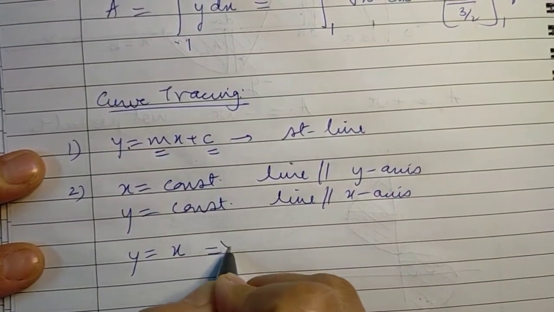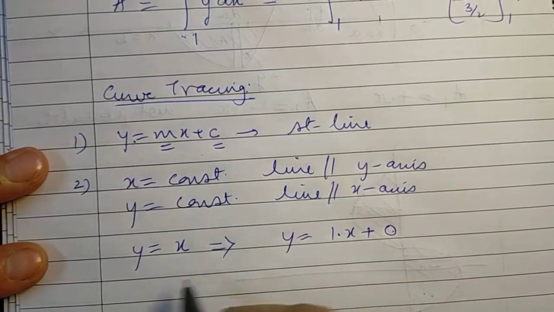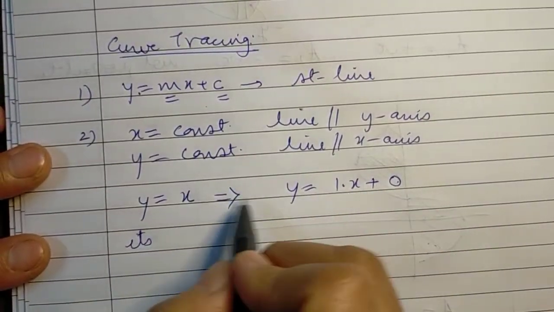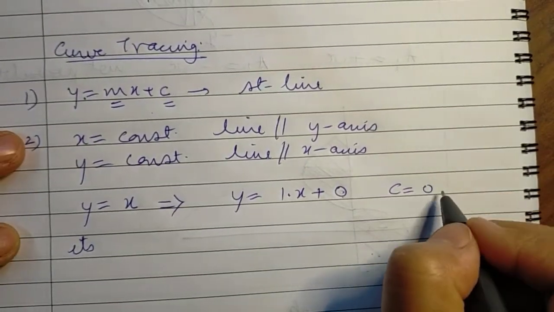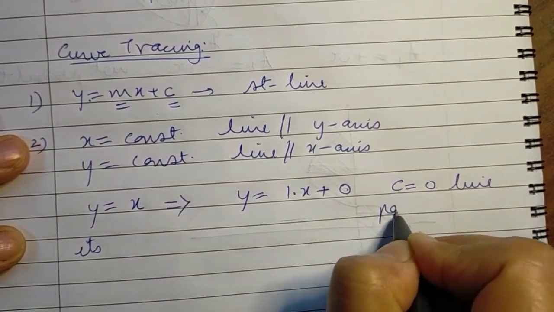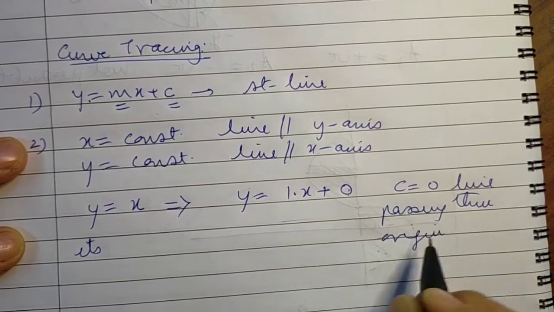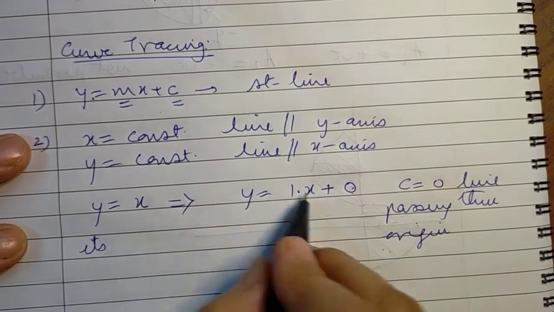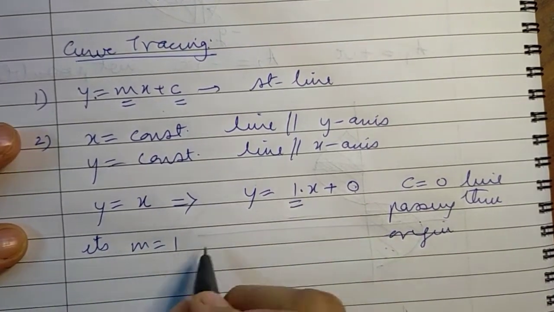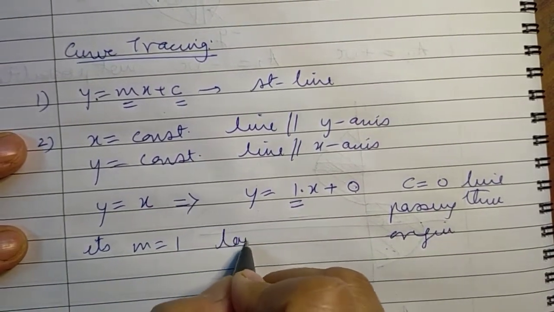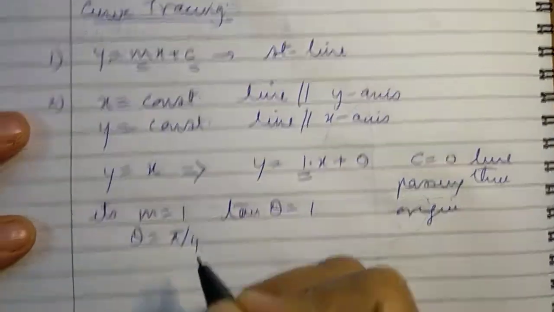Then y equal to x can be written as y equal to 1 into x plus 0. The constant is 0, meaning c equal to 0, so the line passes through the origin. Here m equal to 1, which means slope tan theta equal to 1, that is theta equal to pi by 4.